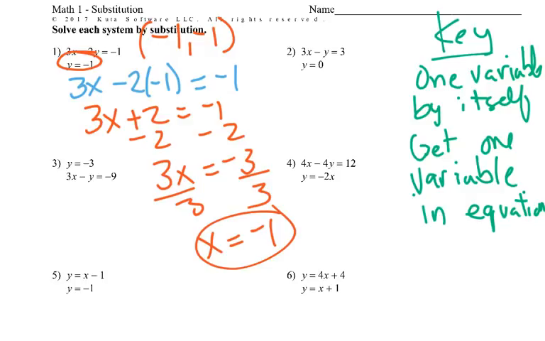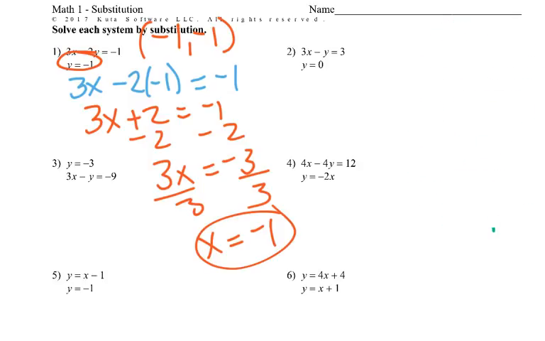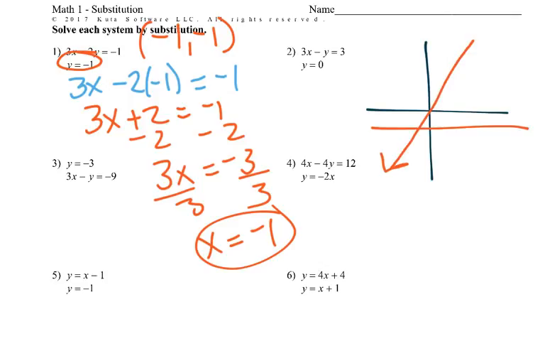Okay, remember, when we're dealing with a system of equations, graphically thinking about it, it's where they intersect. So if we had lines here, y equals -1, the other line, something like this, that point, -1, -1, is where they intersect. It's the only place where they're both the same.